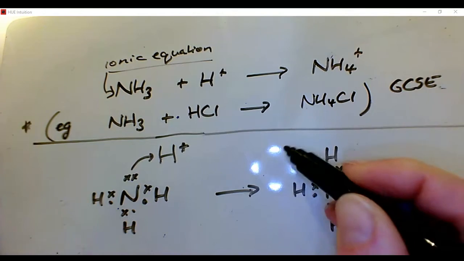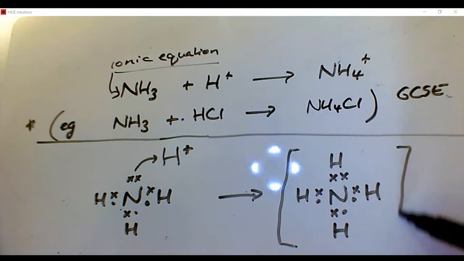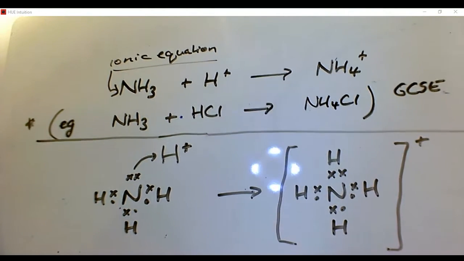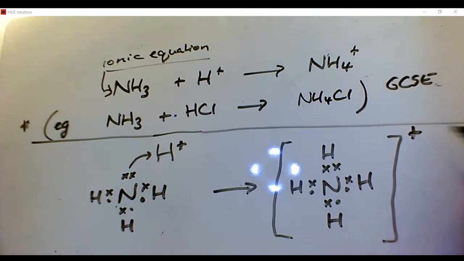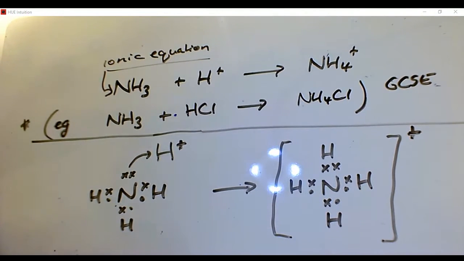And then we usually bracket the entire thing and put the positive charge outside. We don't always identify exactly what's holding the positive charge. The ammonium ion is carrying a positive charge. So remember that that positive charge means that you are short an electron.